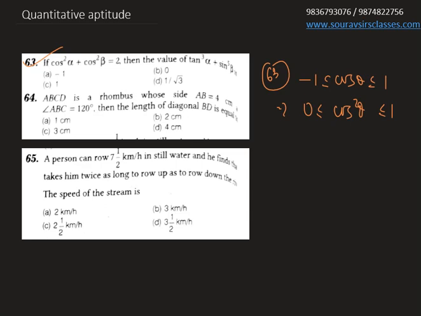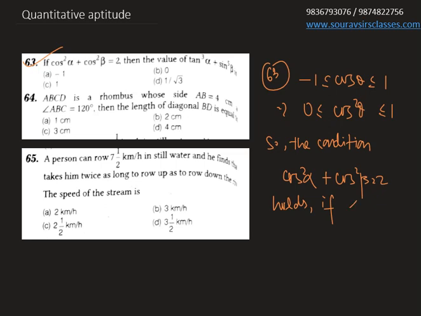So the condition cos square alpha plus cos square beta is equals to 2 holds if alpha is equals to beta is equals to 0. That is, cos alpha is equals to cos beta is equals to 1.